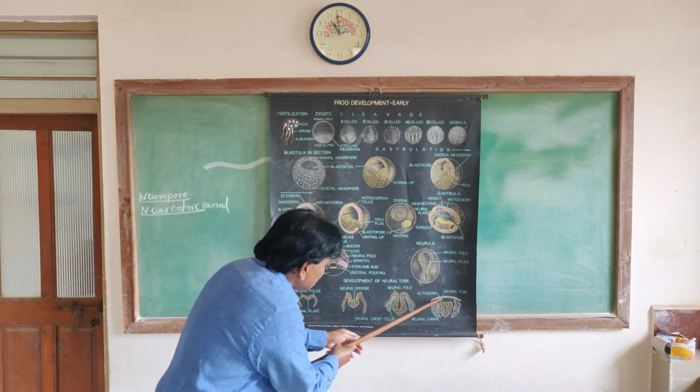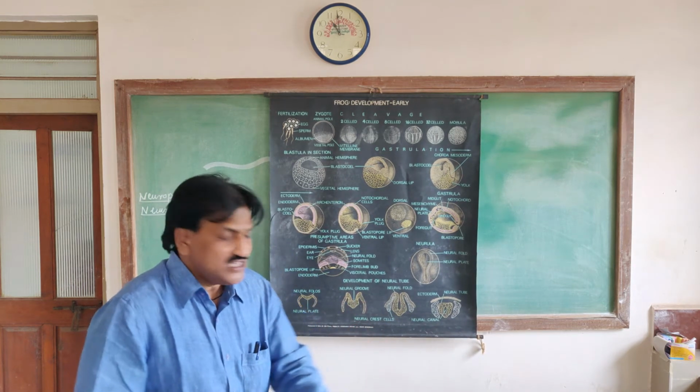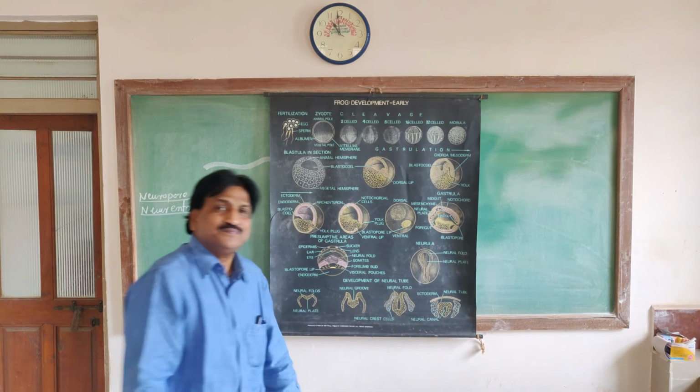After complete separation from the overlaying epidermis, it is transformed into what is called the neural tube.